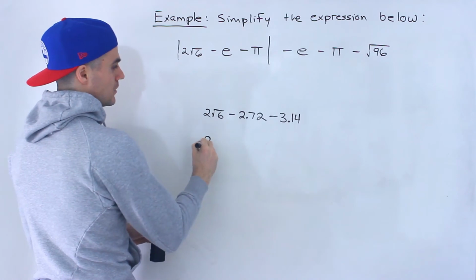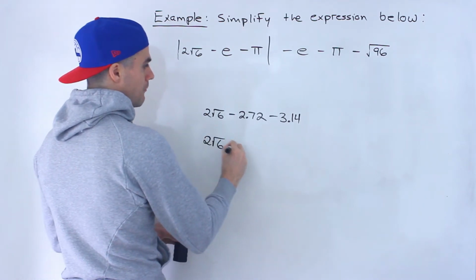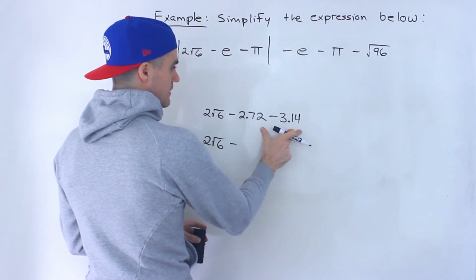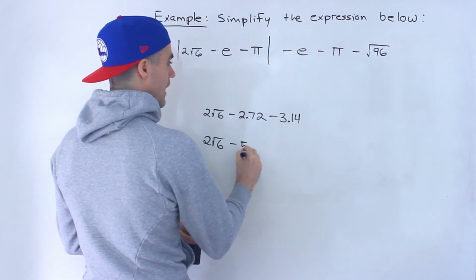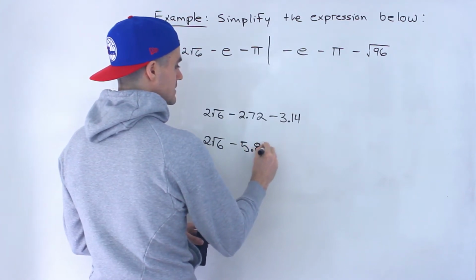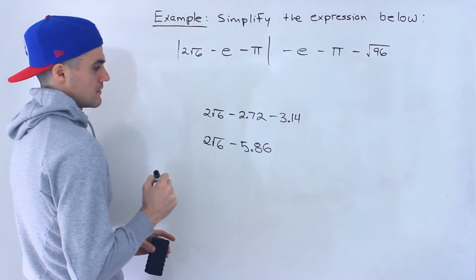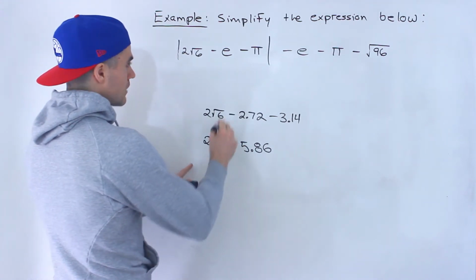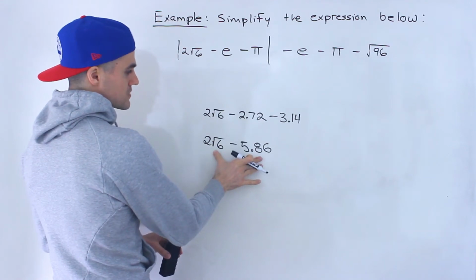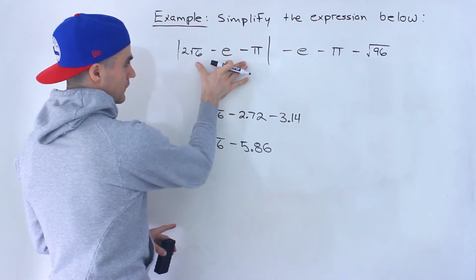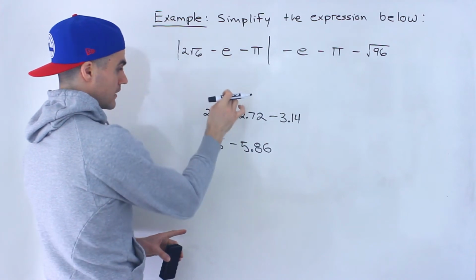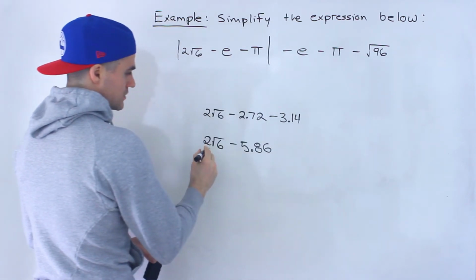So we'll have 2 root 6 minus, if we add these two, what we end up with is 5.86 approximately. From here, I feel like figuring out whether this is positive or negative is a little bit easier, but we're still not fully there yet.